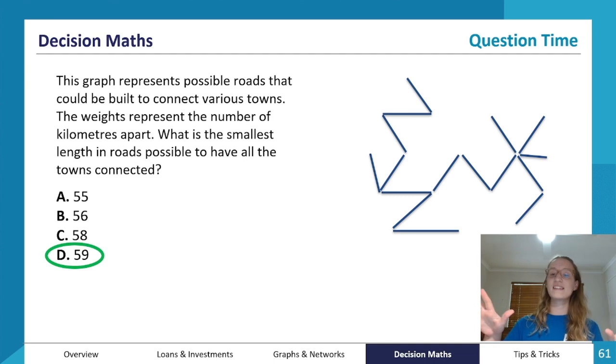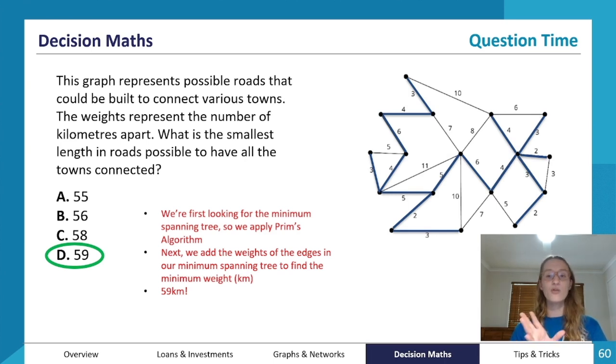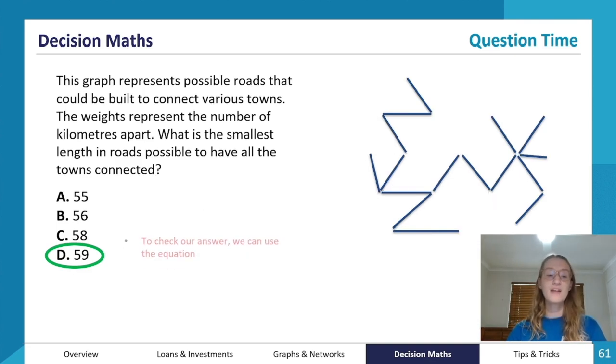It literally looks like that skeleton, or like that dead tree with no leaves. It's the bare minimum number of connections between all of our towns with the lowest minimum weight. So the most effective, most cost efficient, easy possible way we can connect all the towns is by having to build 59 kilometres of road.